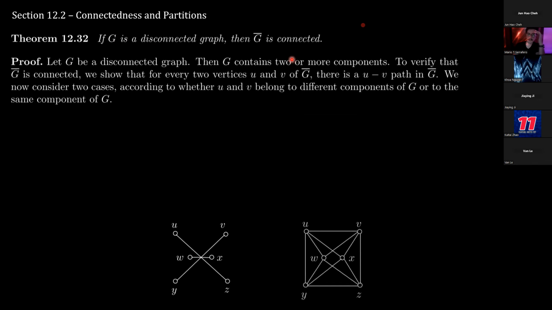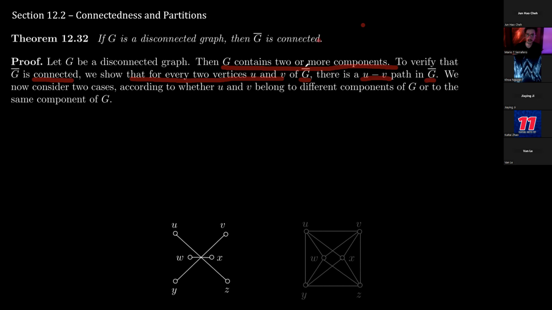This has a proof, and the proof is actually pretty nice and fairly intuitive. So let G be a disconnected graph. Then G must contain two or more components because it's disconnected, obviously. To verify that G bar is connected, we must show that for every two vertices U and V of G bar, there is a UV path in G bar.